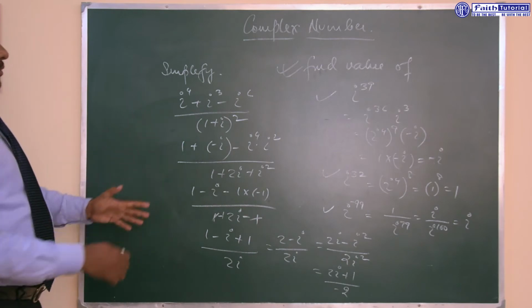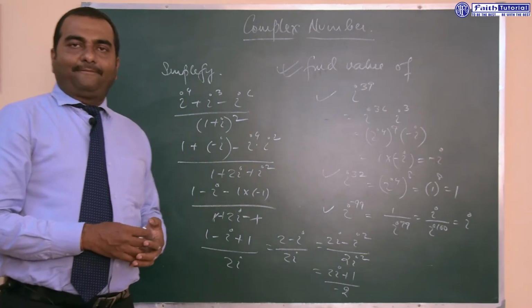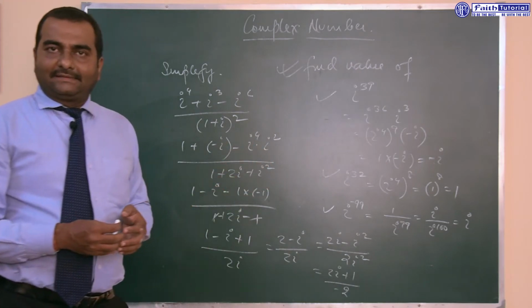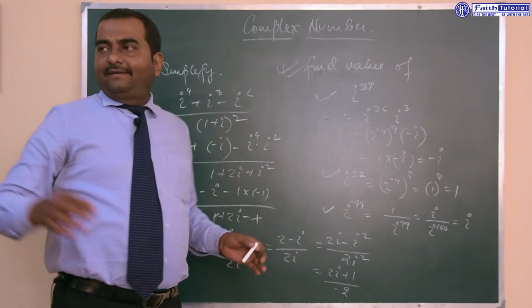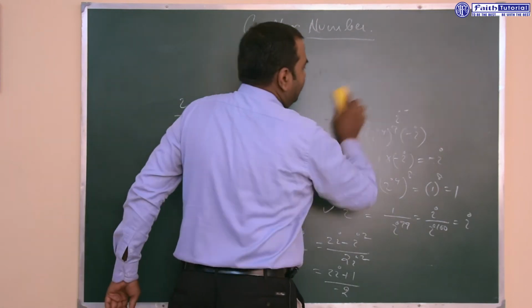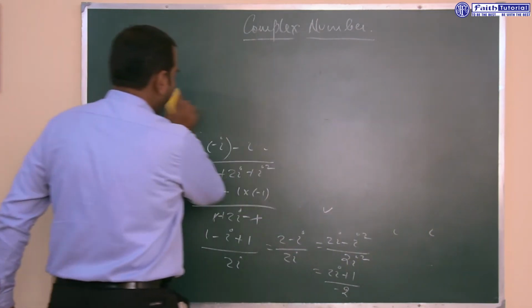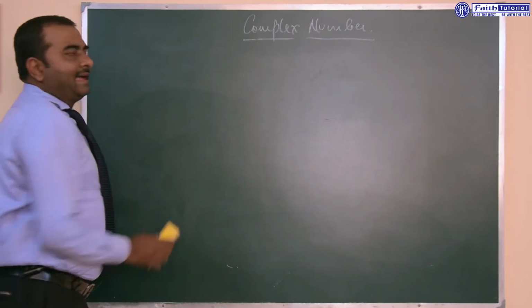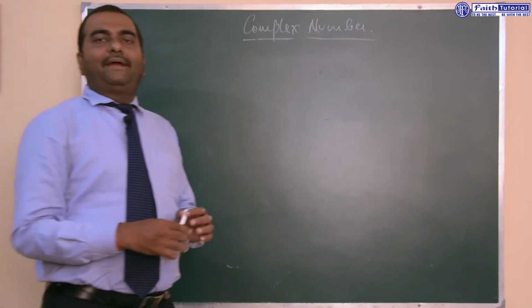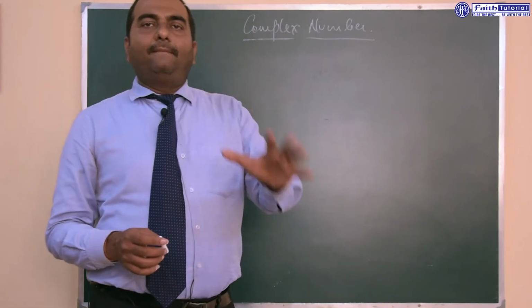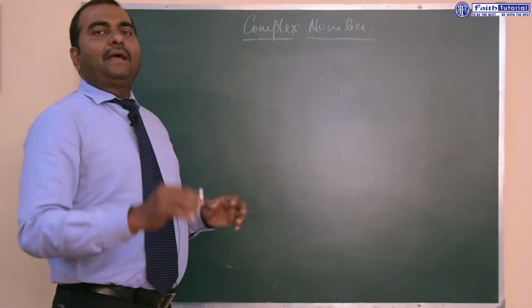So this is how we evaluate the different values of i. That is the beginning or the primary concept of complex numbers. Now to go ahead with it, a complex number in complete form, as we said that i is root under minus 1, is just not about i.